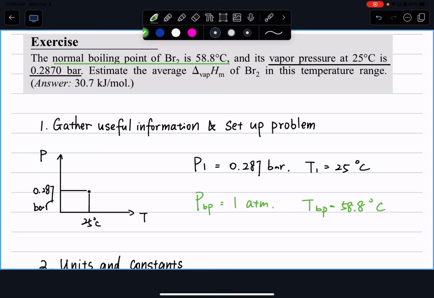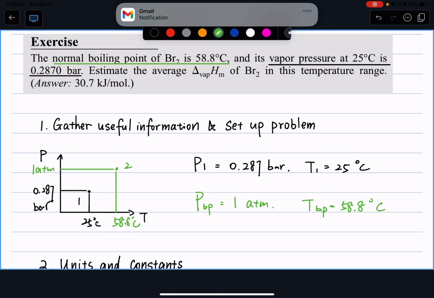And at boiling point, you have temperature equal to 58.8 degrees Celsius, and your pressure equals 1 atm. So obviously, there are things you need to do before you plug this into our simplified Clapeyron equation. You need to get the pressure units consistent, and you need to convert the temperature into Kelvin.